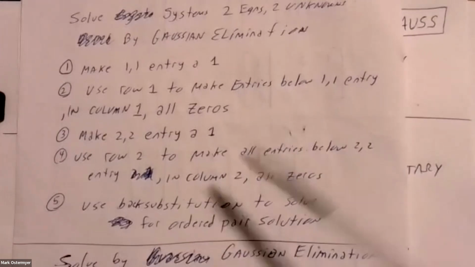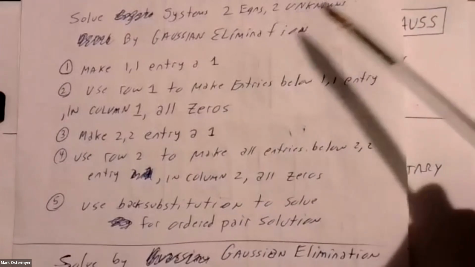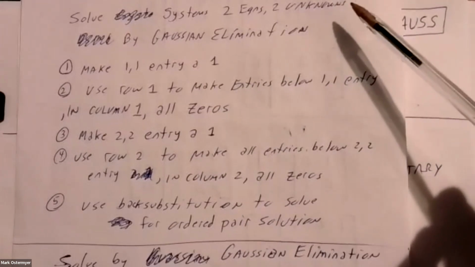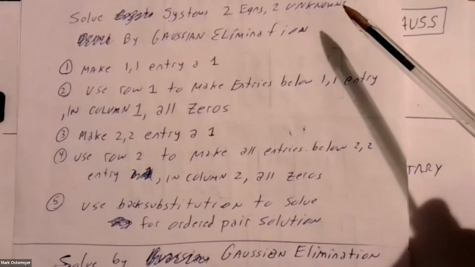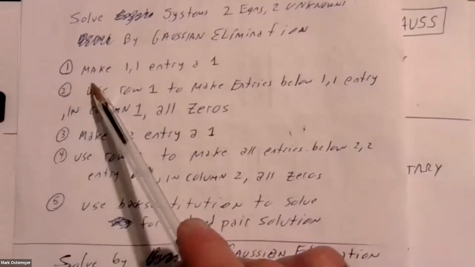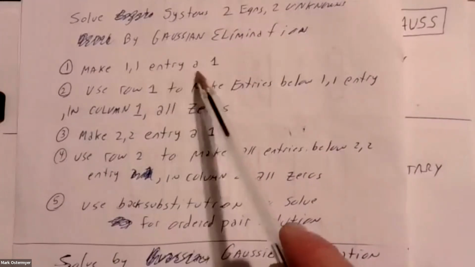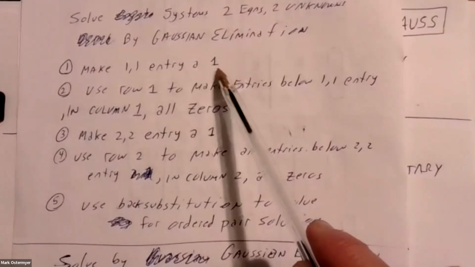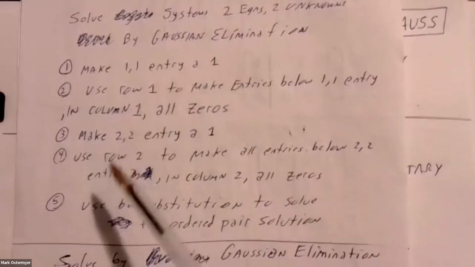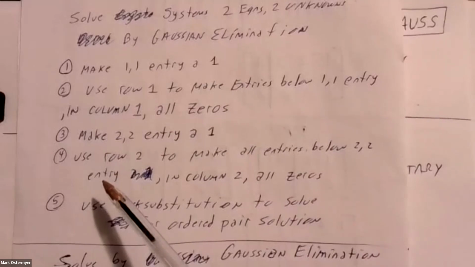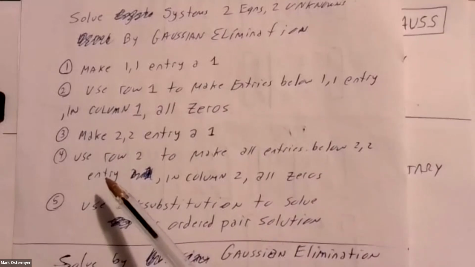So how do you solve a system of 2 linear equations and 2 unknowns using Gaussian elimination and elementary row operations? Well, step number 1 is we need to make the 1-1 entry of a matrix become a 1. We have to force a 1 in the 1-1 entry. The row 1, column 1 entry must become a 1. If it's not, we have to use an elementary row operation to make it 1.